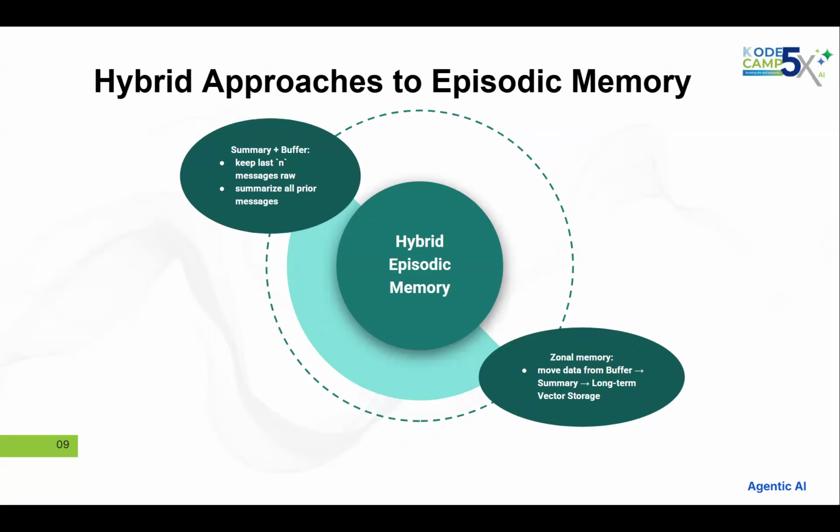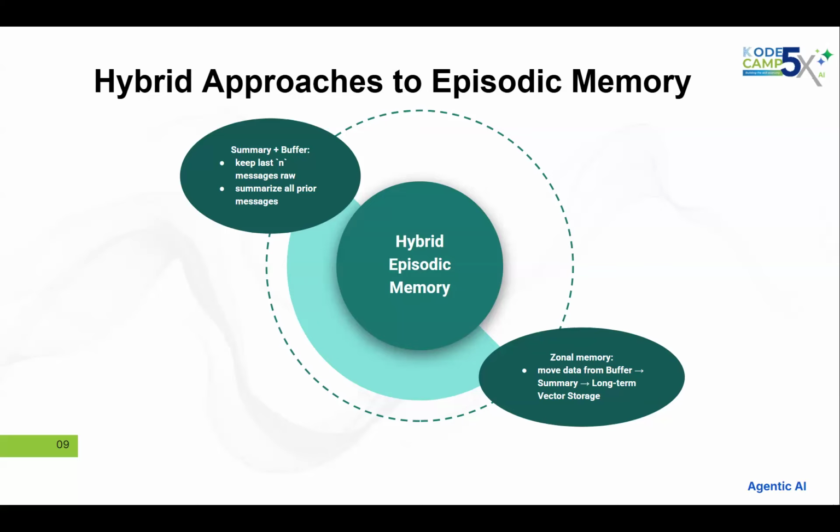On the contrary, the summary memory is efficient in token use, and so it can capture a longer history of the agent execution. However, it is not very detailed. And so that's the trade-off you need to make using either of them.